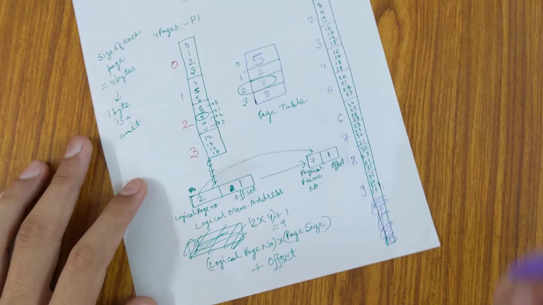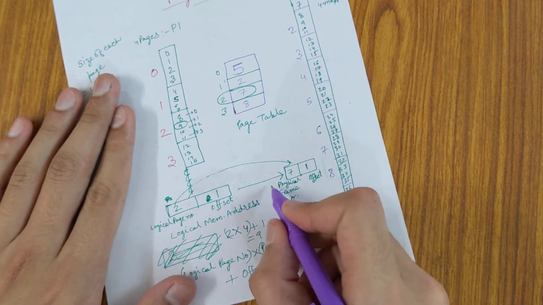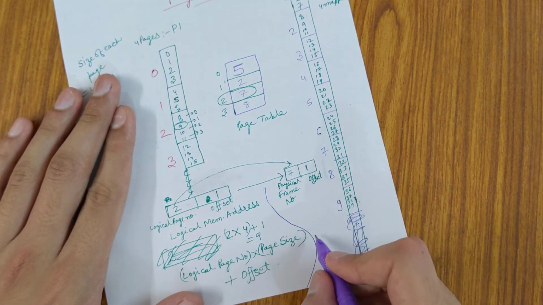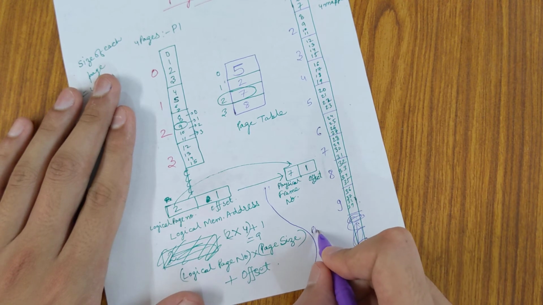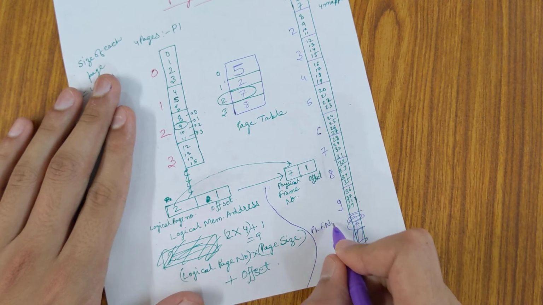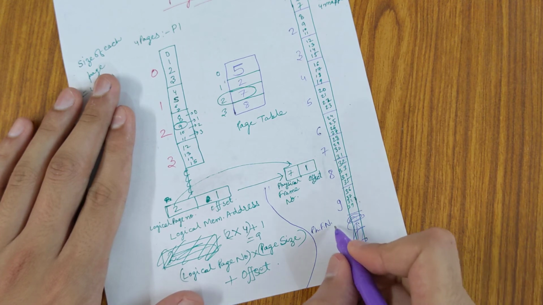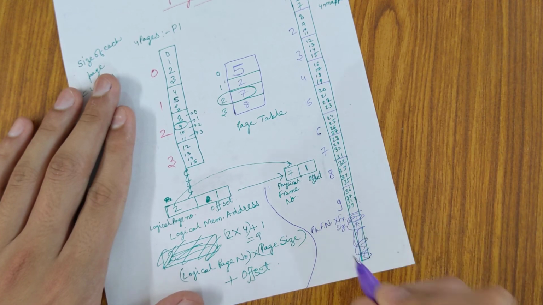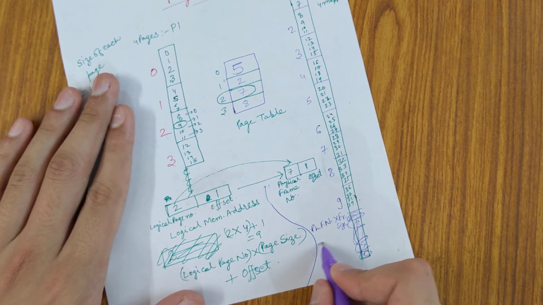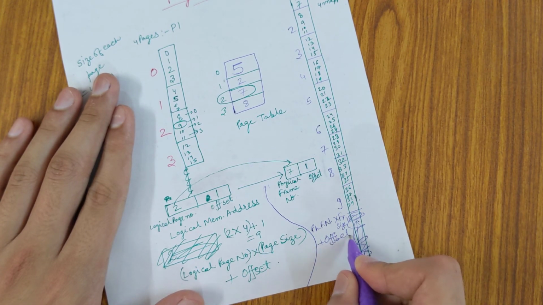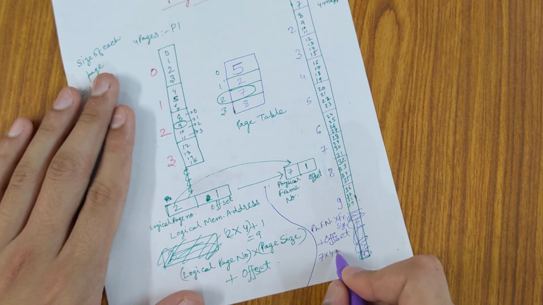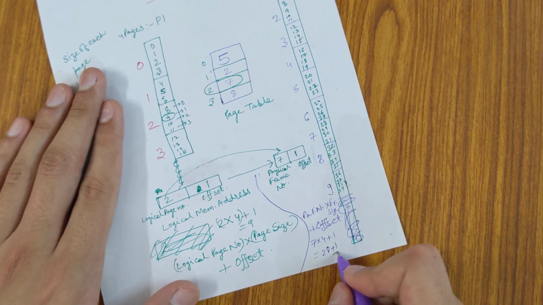Now we have both of them, so we will apply the same formula. The physical frame number multiplied by frame size plus offset becomes 7 into 4 plus 1, which is equal to 28 plus 1, equal to 29.